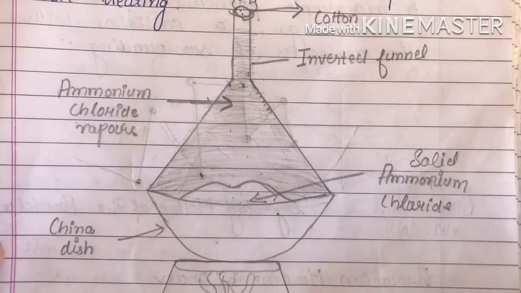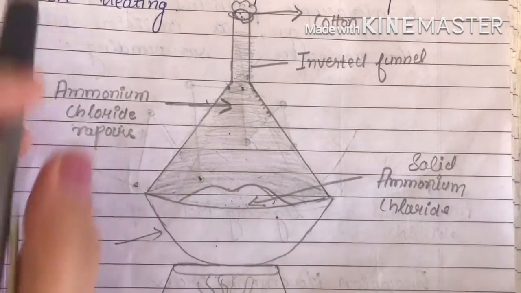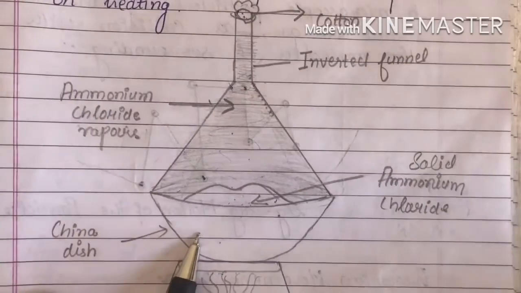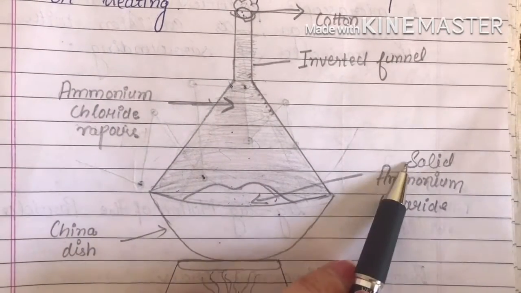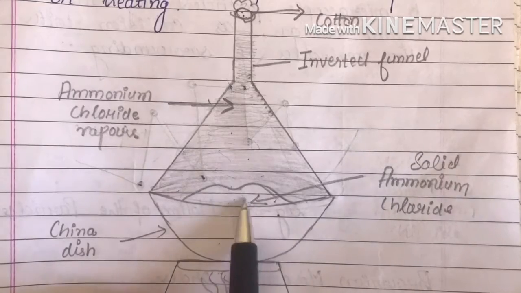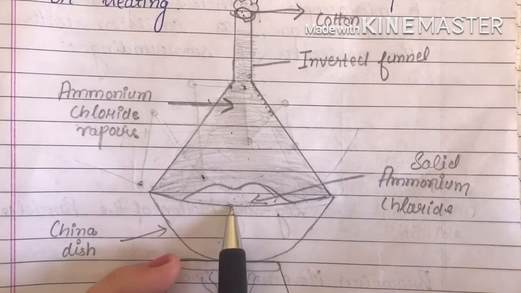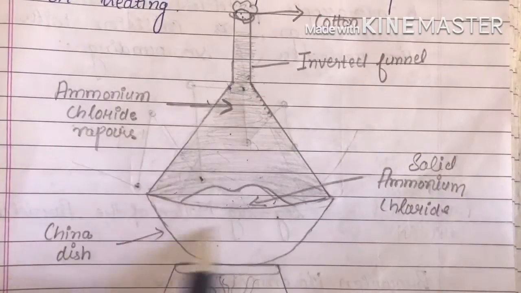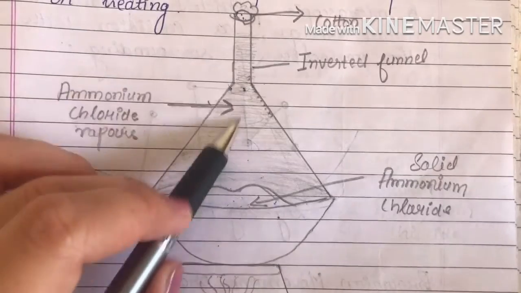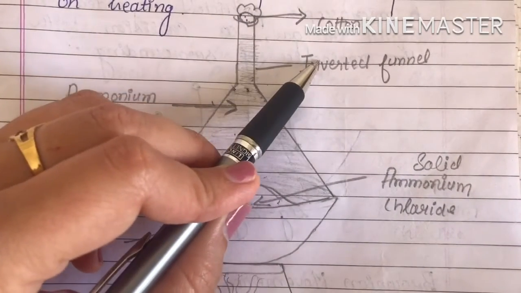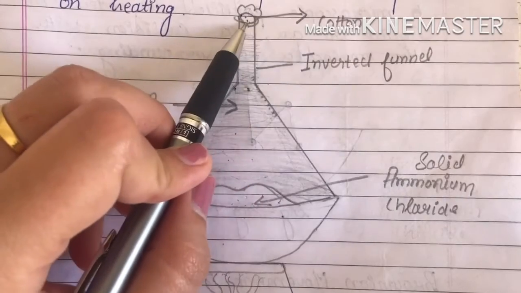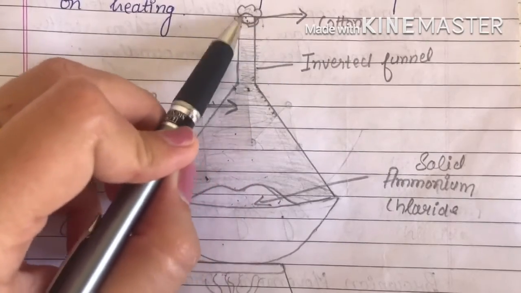So here is the apparatus that is used for sublimation. This is a china dish in which we put solid ammonium chloride, okay, and we cover the china dish with this funnel. We keep the funnel inverted and plug cotton in the tail of the funnel.